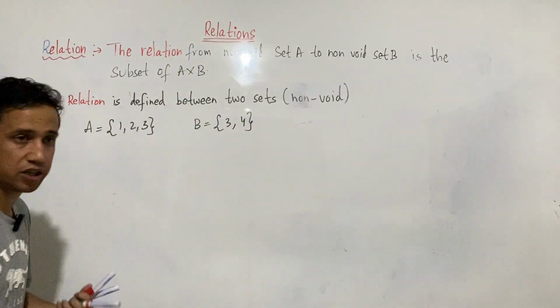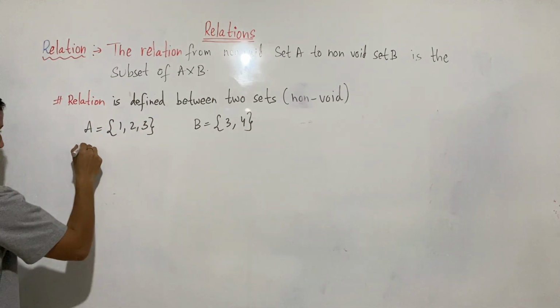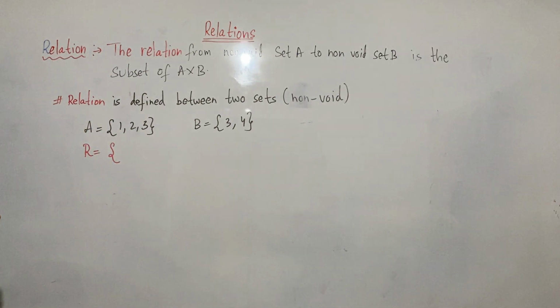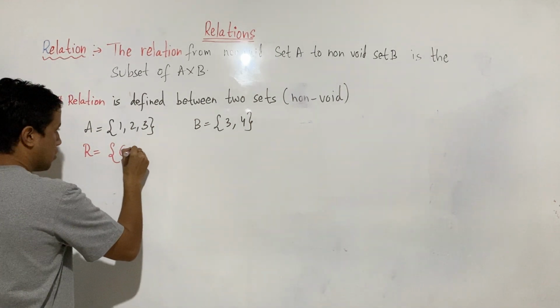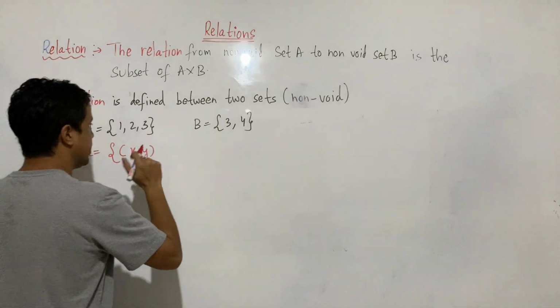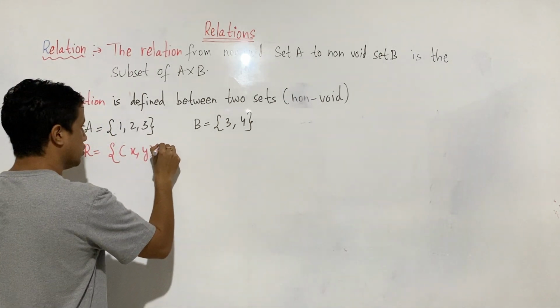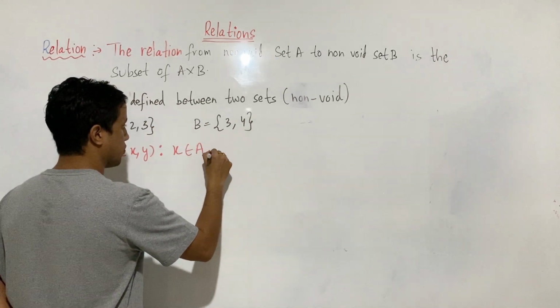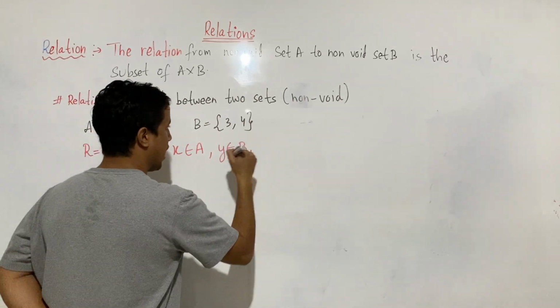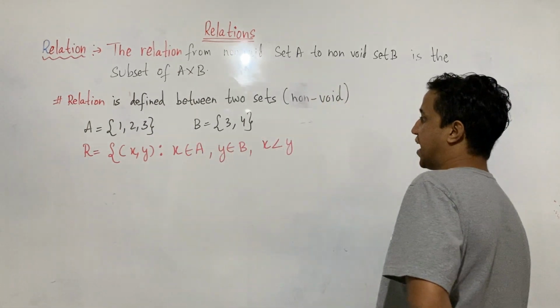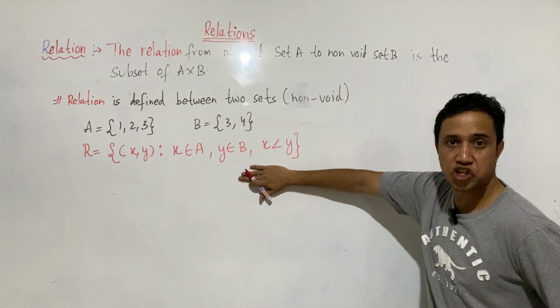Let's say I'm an examiner, so I'm going to define the relation that R is defined as the ordered pair (X, Y) such that X belongs to A and Y belongs to B, and X is less than Y. Okay, X is less than Y. Now this is the relation defined.